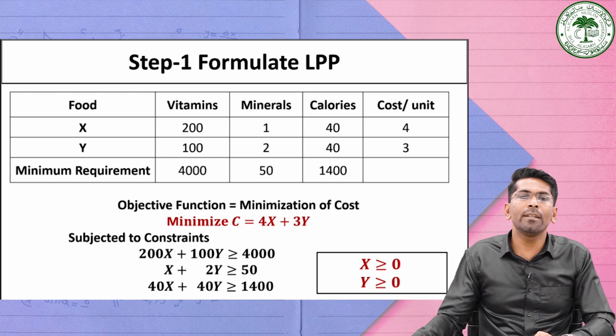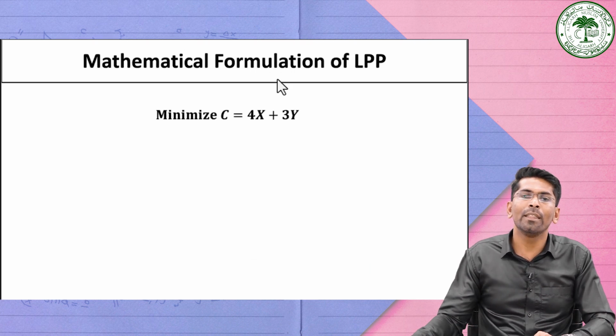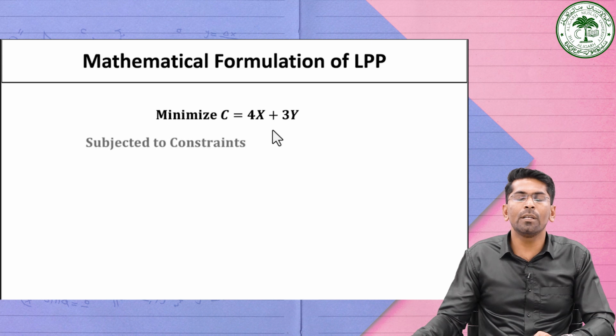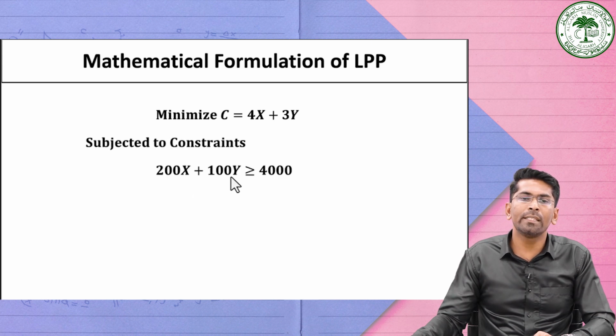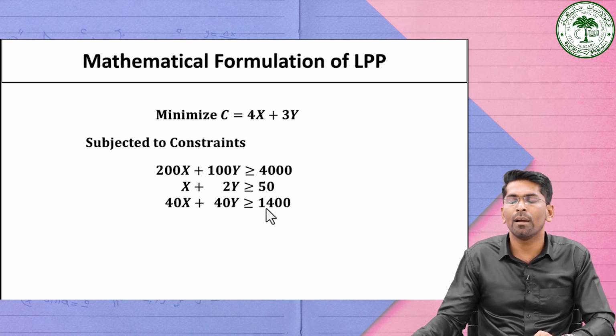I am going to write it separately as the mathematical formulation of the given problem, the mathematical model: minimize C equal to 4x plus 3y subject to the constraints 200x plus 100y greater than or equal to 4000, x plus 2y greater than or equal to 50, then 40x plus 40y greater than or equal to 1400.